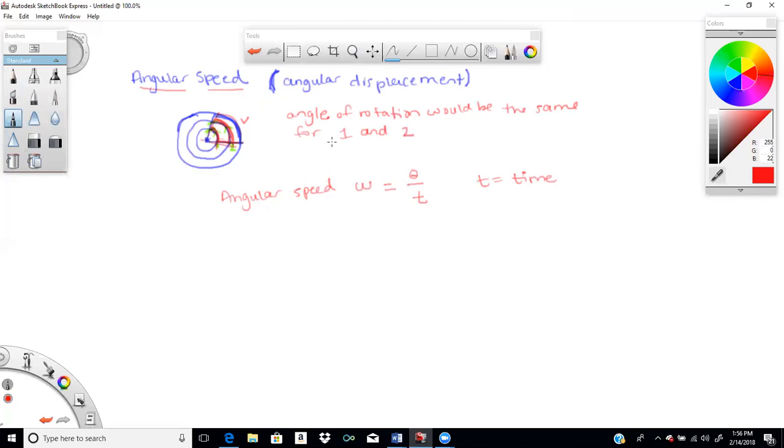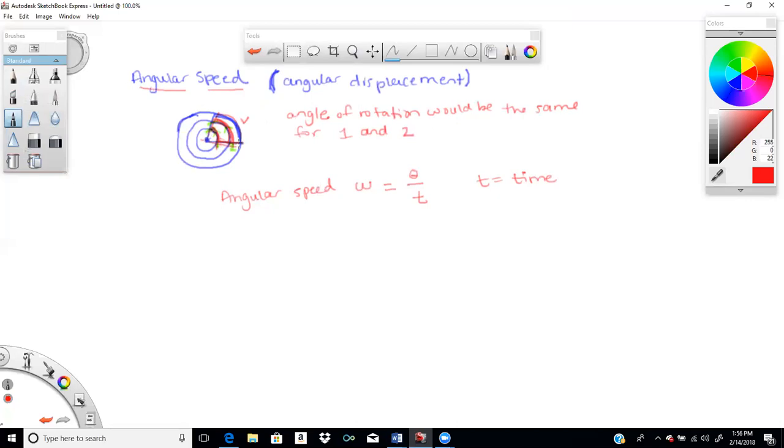Do we have the angular displacement, angular speed? We're related to a carousel or even the track. We have this runner and this runner, or horse, or whatever you want to call it. They have the same angle of rotation.